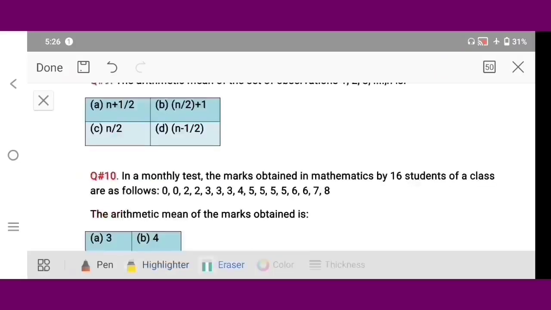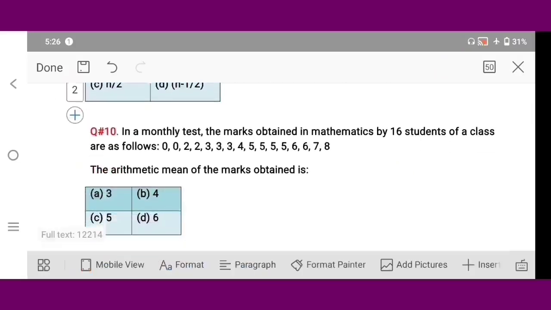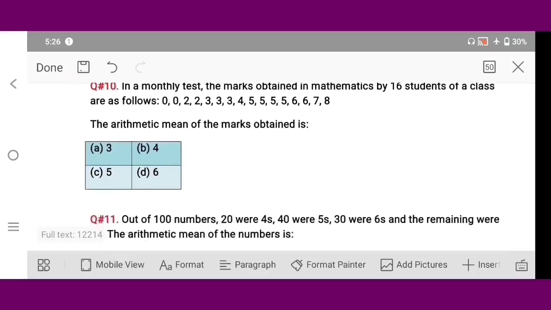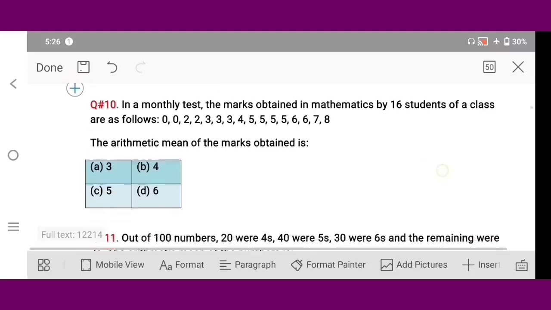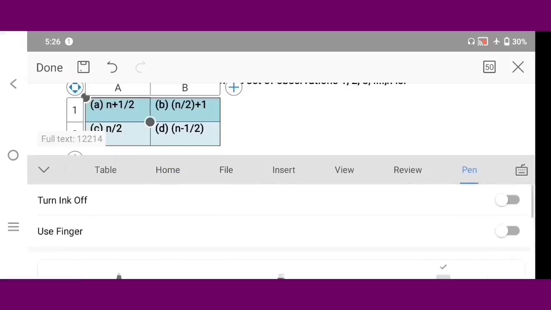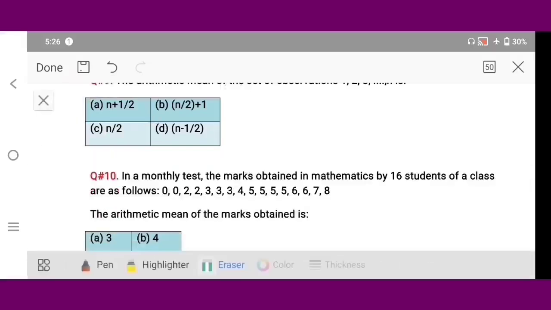Question number 10. In a monthly test, the marks obtained in mathematics by 16 students of a class are as follows. The arithmetic mean of the marks obtained is, options are 3, 4, 5 and 6. Here I am just giving you a formula, that is sum of x divided by n.